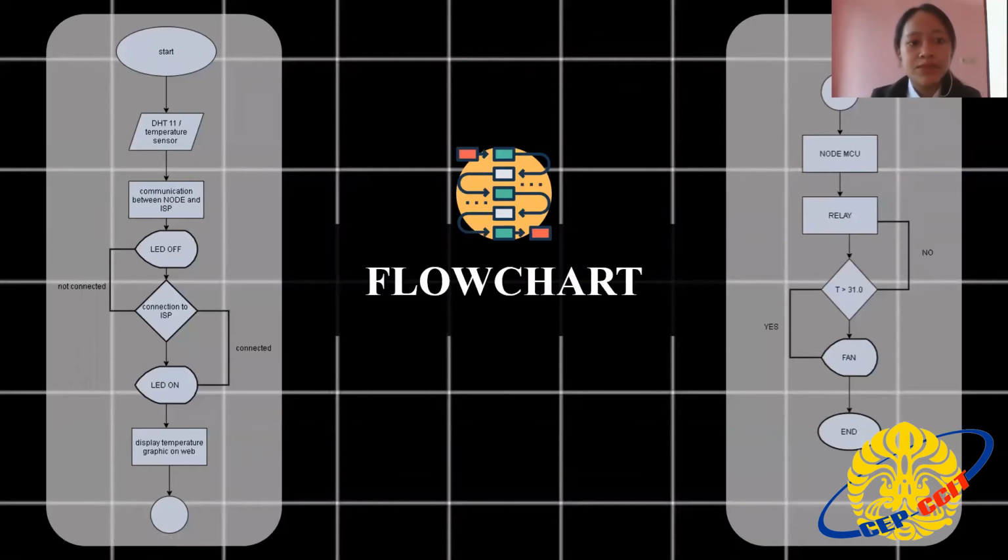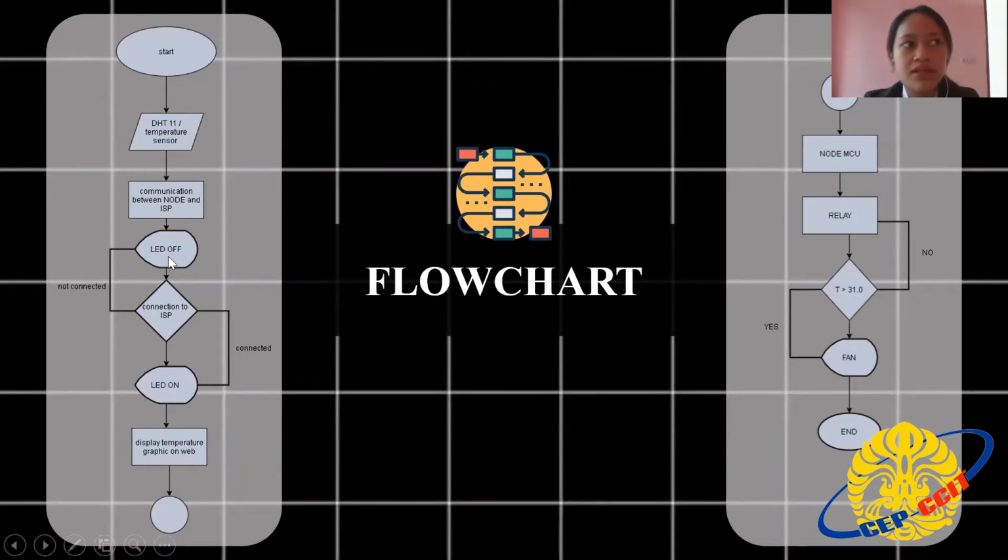Next, I'm going to explain about the flowchart in our project. So we have start here, and the first thing is the sensor or the DHT11 will detect the temperature and humidity of the room, and then the DHT11 will communicate with the Node MCU and ISP. Because the ISP is not connected yet, the LED is off.